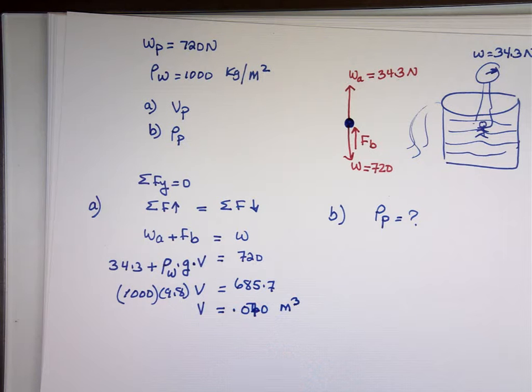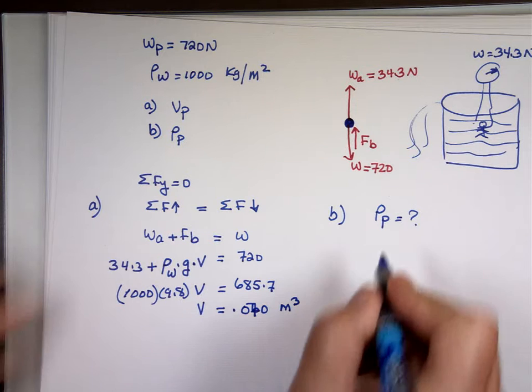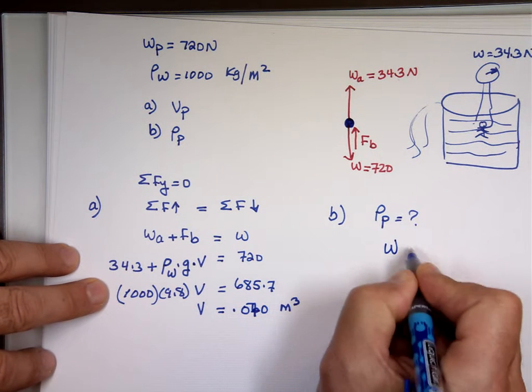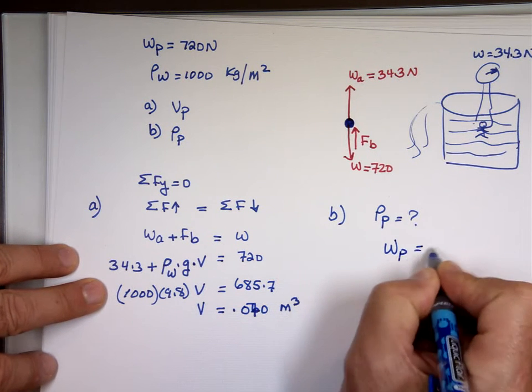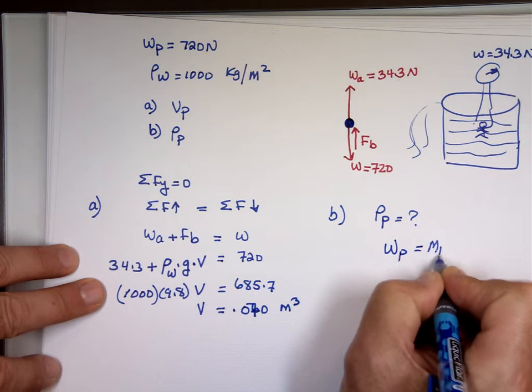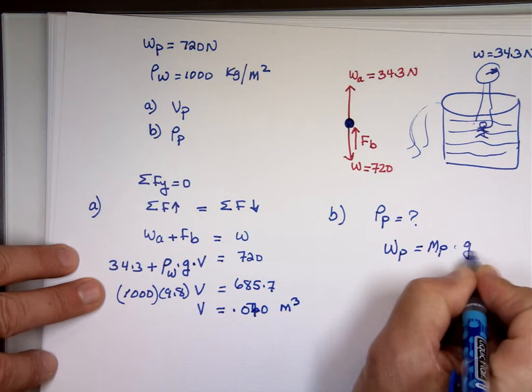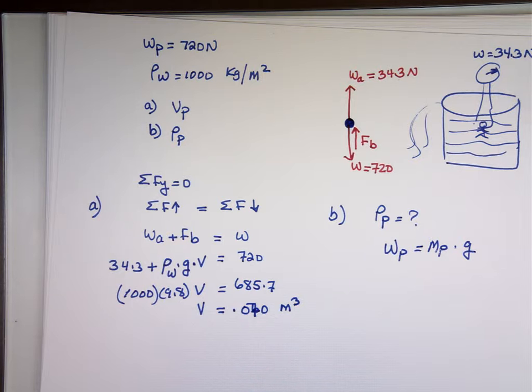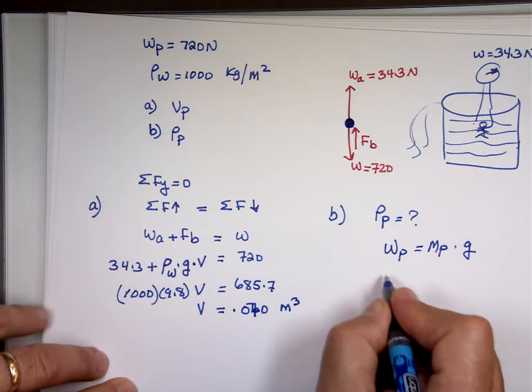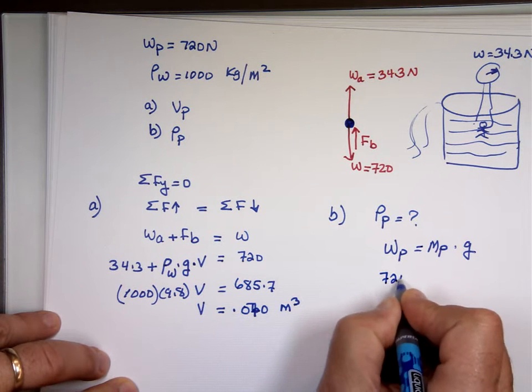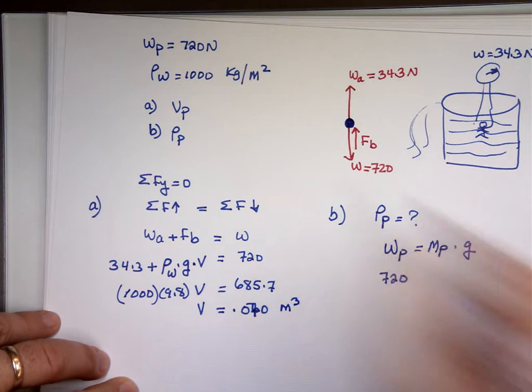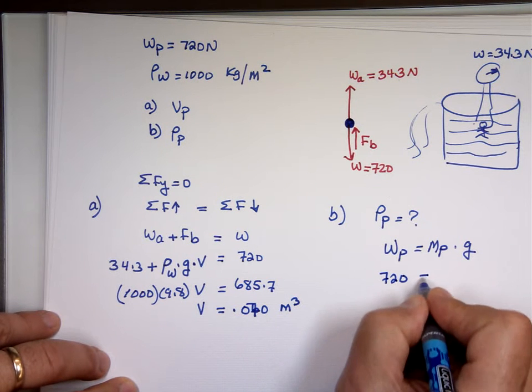We can say the weight of the person equals the mass of the person times gravity. The weight of the person is 720 Newton here, not kilograms, 720 Newton.